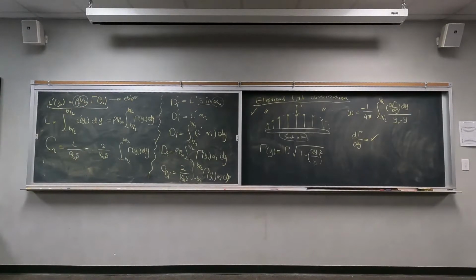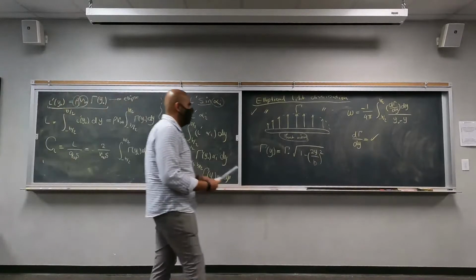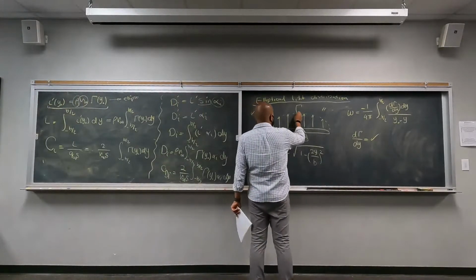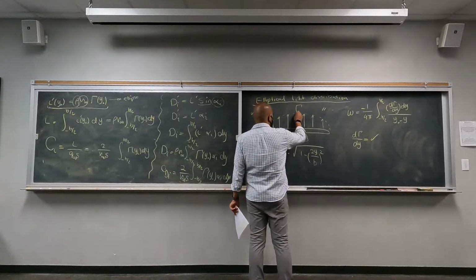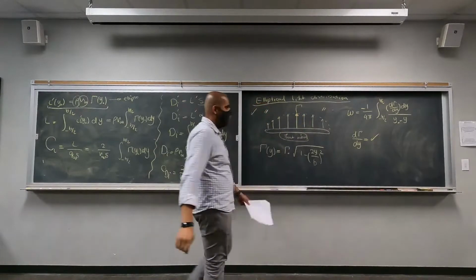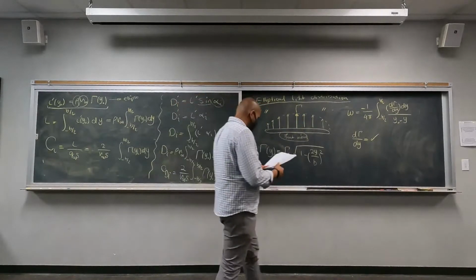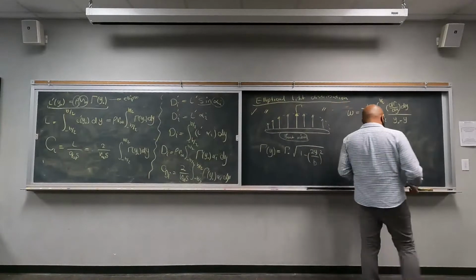Just keep in mind that the value of gamma naught is actually going to be the value of gamma at y naught equals 0, right? In the middle here. That is going to help you a lot. So you can just plug in y naught equals 0 and then do all of the calculations. I'm not going to go over the calculations. I'm just going to give you the final results.